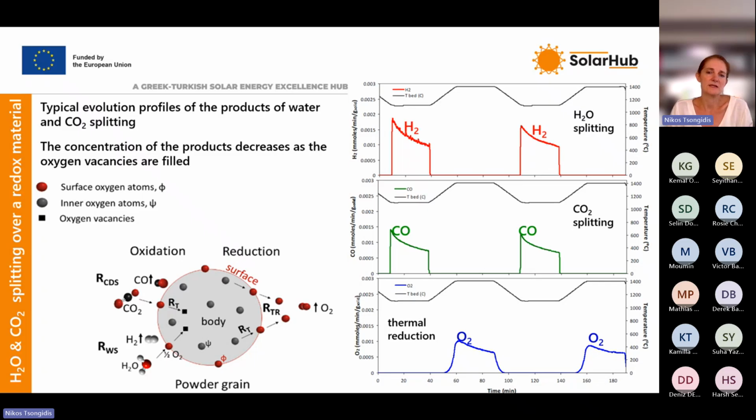You can see in the diagram on your right typical evolution profiles of the products, hydrogen and carbon monoxide, during the water splitting and carbon dioxide splitting, as well as oxygen that is released during the thermal reduction of the metal oxide.